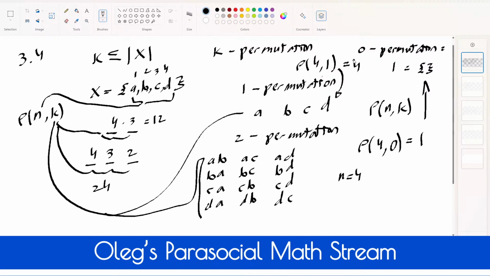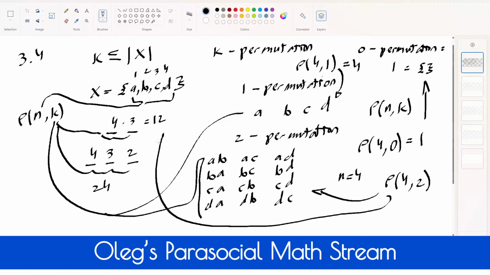All right, now what if we go like this? We have our length 4, but we want them in sets of 2. Well, then we have it right here, and we can write them out, or we can use the rule over here. This is the rule that we did. The answer to this is going to be 12.